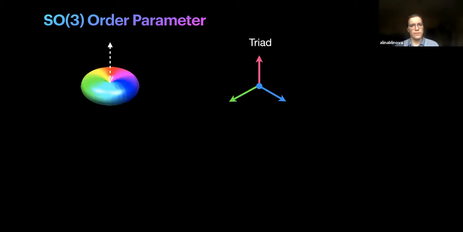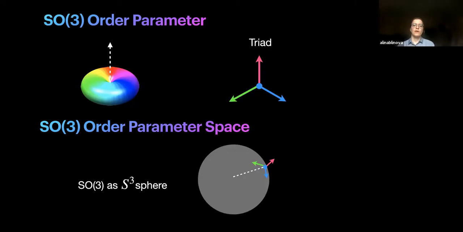We have our ferromagnetic order parameter, which we call an SO3 order parameter because it's essentially described by a triad. This is very convenient because we can visualize what's going on with the order parameter pretty intuitively. The group of SO3 rotations, which are just your ordinary 3-dimensional rotations, can be mapped onto a sphere.